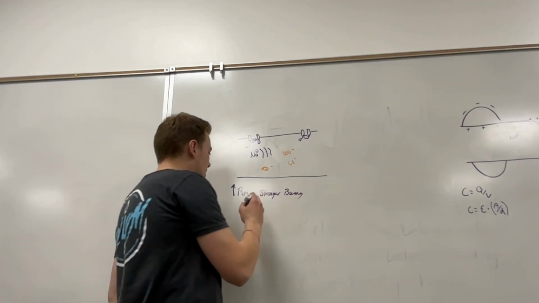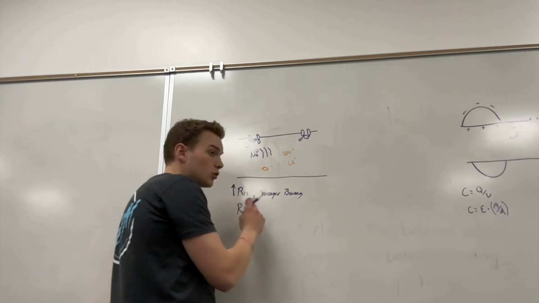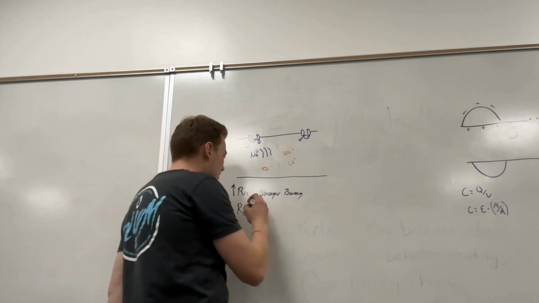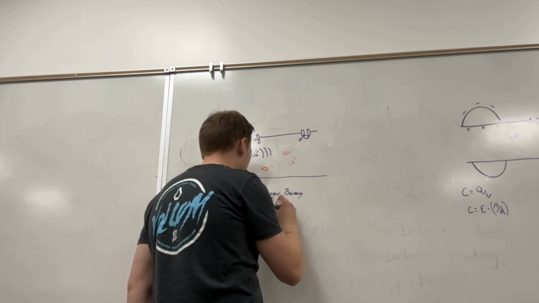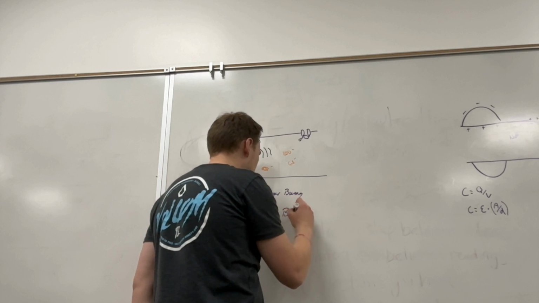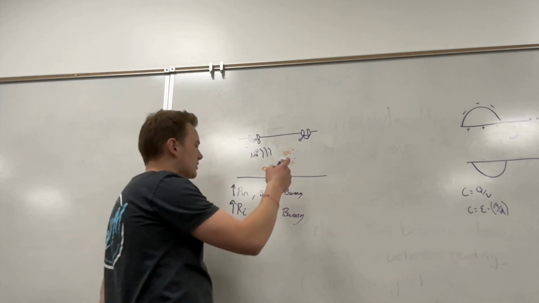That's unfortunate, but we do call this concept Ri, or internal resistance. The higher the Ri, the weaker the Bourne. So let's take this for example.